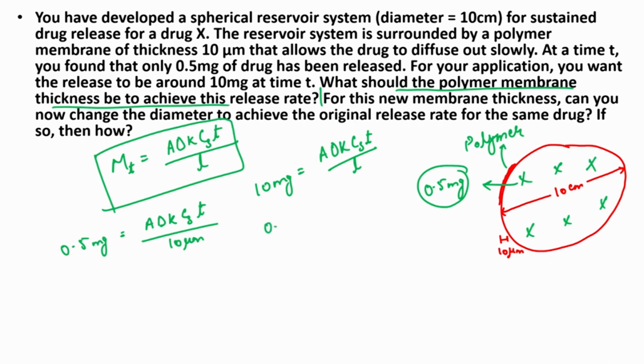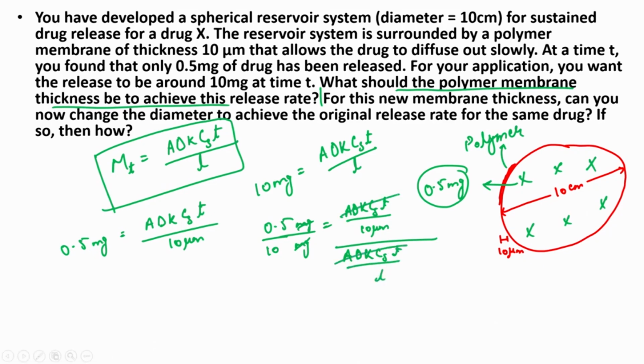So, 0.5 by 10 milligram is equal to A D K C_s t by 10 micron on this side, and then for the 10 the other equation is A D K C_s t by L. So, obviously these two get cancelled, and what we will have is 0.5 by 10 will be equal to L by 10 micron.